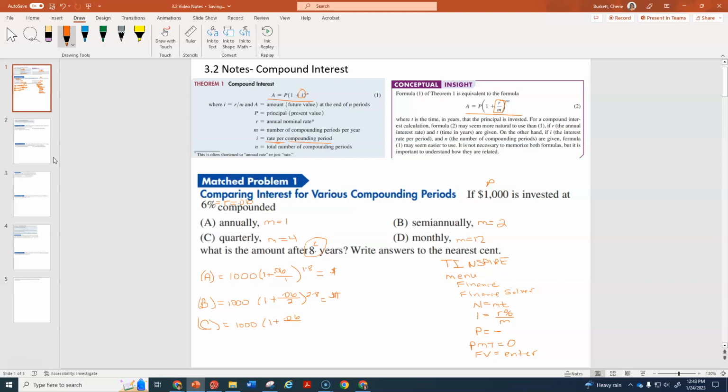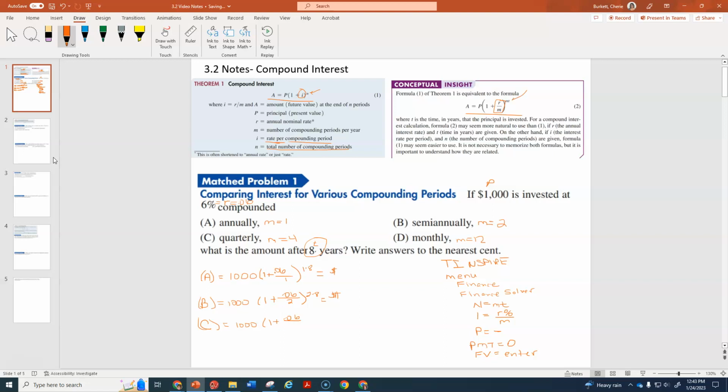You're going to take the interest rate that is given to you and divide it by the number of times that it's compounded. This N right here, they say the N is the total number of compounding periods, and that's usually not going to be given.